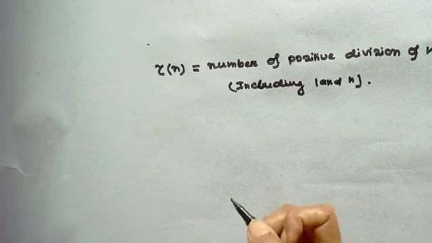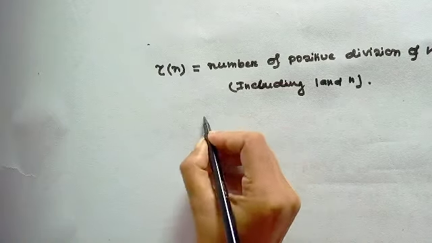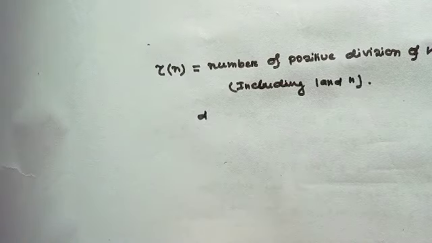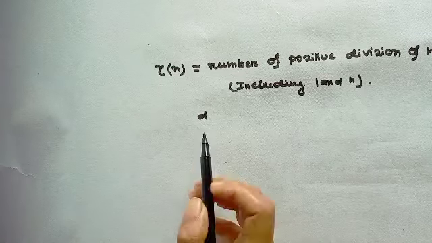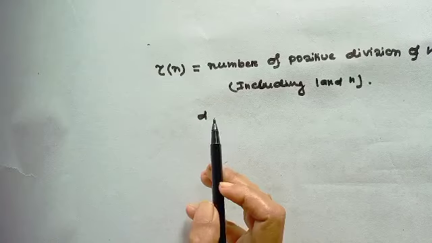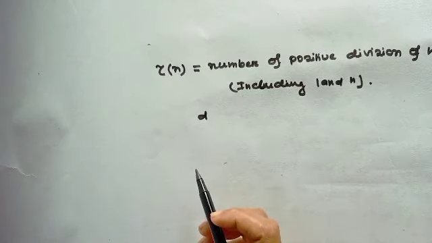Okay. Sometimes this function is also called the D function. That means the tau function tells how many positive divisors a number has. Okay.